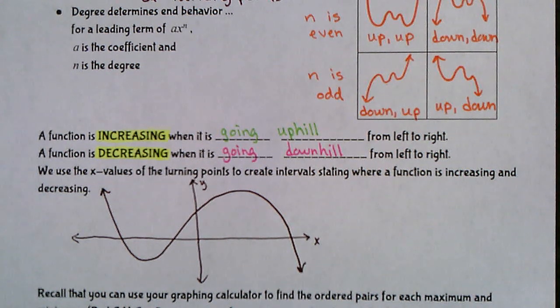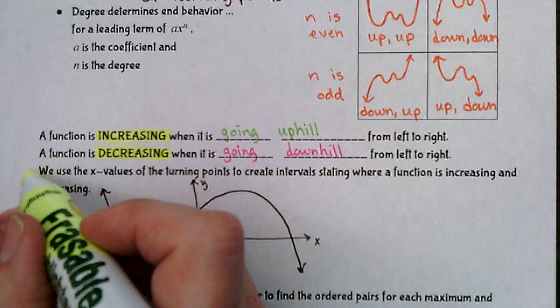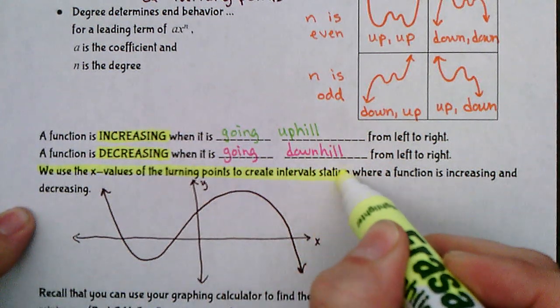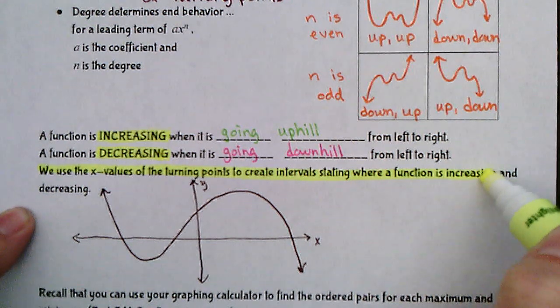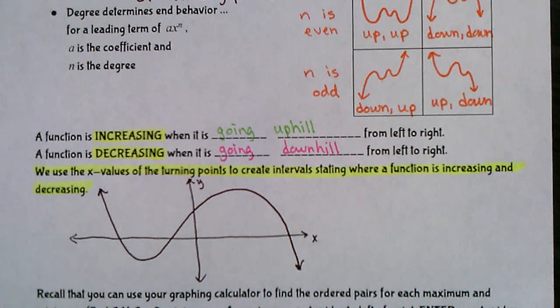Just make it look generally that shape. Now, the way that we describe where a graph is increasing and decreasing is by using the x values. So we use the x values of the turning points to create intervals stating where the function is increasing and decreasing.